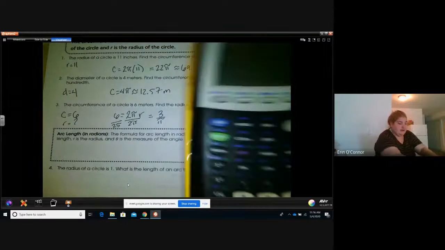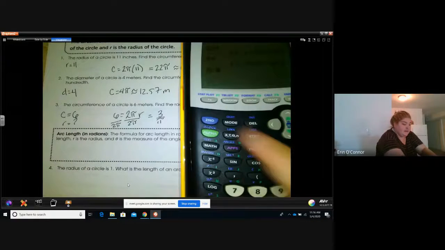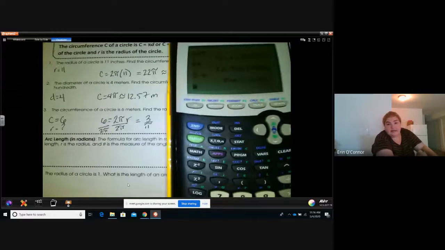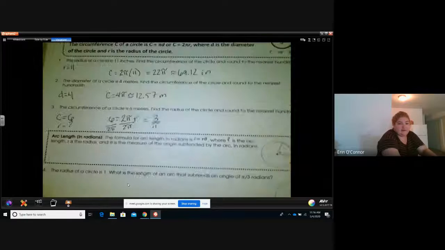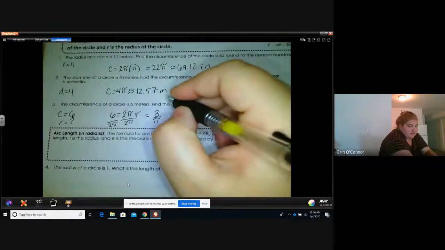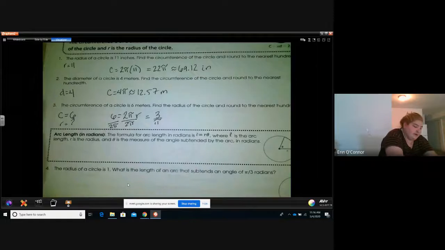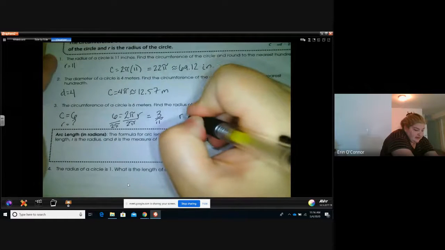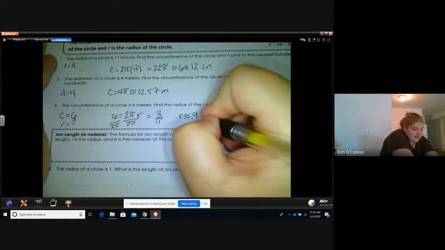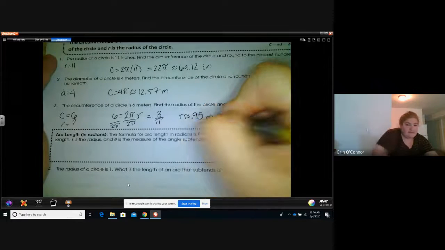So let's put that in here. 3 divided by pi, and I get 0.95. Which makes sense because 3 divided by 3.14 is 0.95. So r is approximately 0.95, in this case, meters.